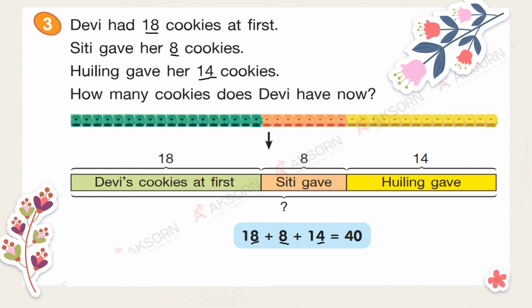So you add 2 here. So 2 plus 1 is equal to 3, plus 1 is equal to 4. That's why we have 40. So Danny has 40 cookies now.